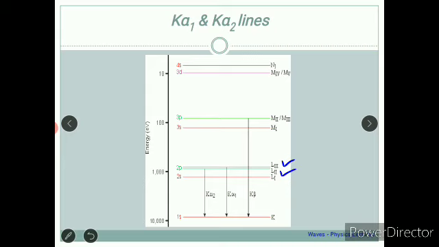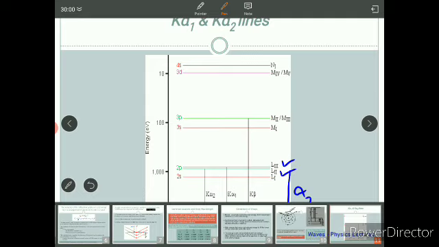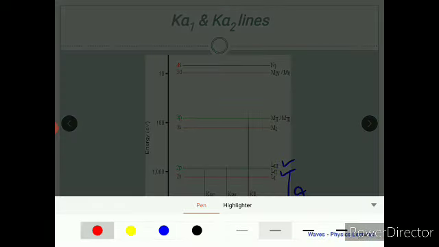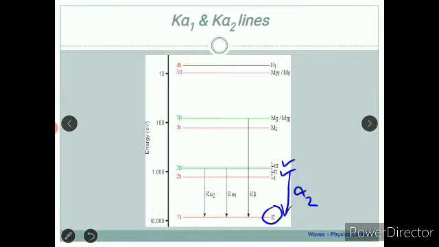If the transition is from level 2 to the K shell, we have what is called the alpha 2 line. On the other hand, if we have a transition from the third level to the K shell, we have what is called the alpha 1 line. So these are the alpha 2 and alpha 1 lines.